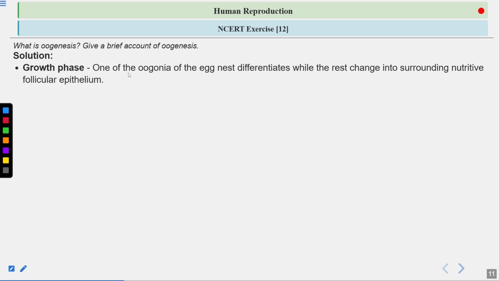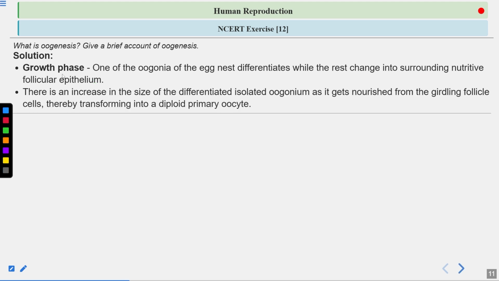What happens in the growth phase? Now one of the oogonia differentiates while the rest change into the surrounding nutritive follicular epithelium. There is an increase in the size of the differentiated isolated oogonium as it gets nourishment from the girdling follicle cells, thereby transforming into a diploid primary oocyte. So basically in the growth phase, from oogonia, primary oocyte is formed.